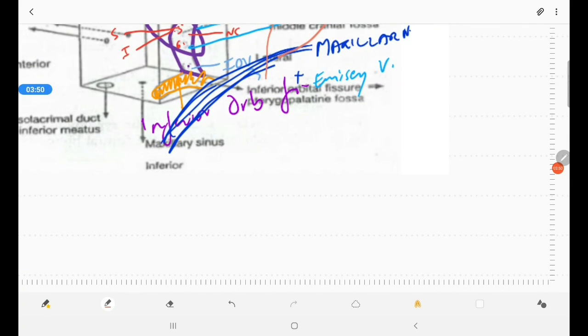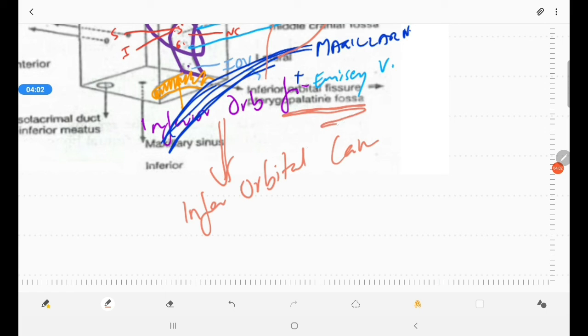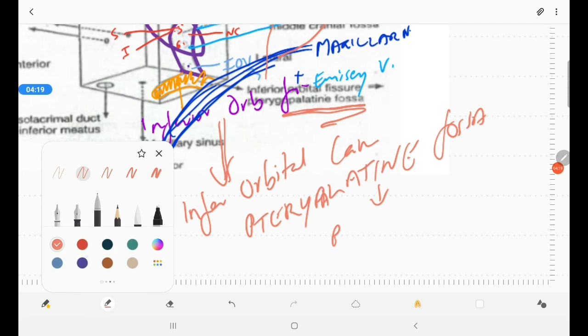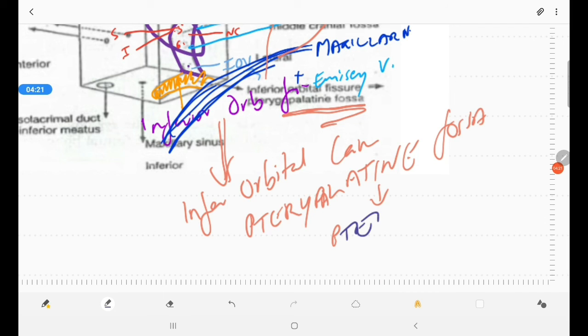Now you should also know what this is continuing as. The inferior orbital fissure is continuing as the inferior orbital canal, and as it is said here, this is going into the pterygopalatine fossa. So pterygopalatine fossa means this is something that is related to the pterygoid plexus.